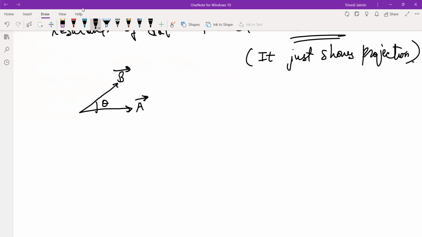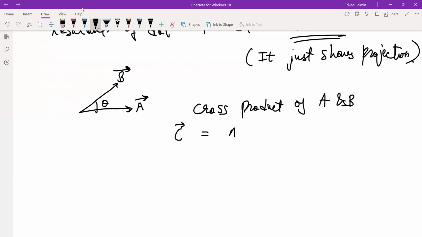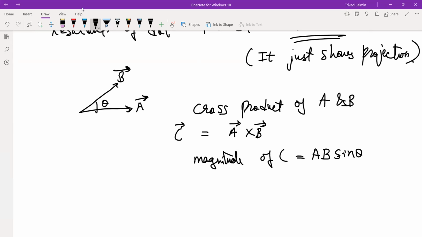Take an angle theta. So the cross product of A and B will be C, A cross B. So the magnitude of C will be AB sine theta, right? So theta is the angle between A vector and B vector.